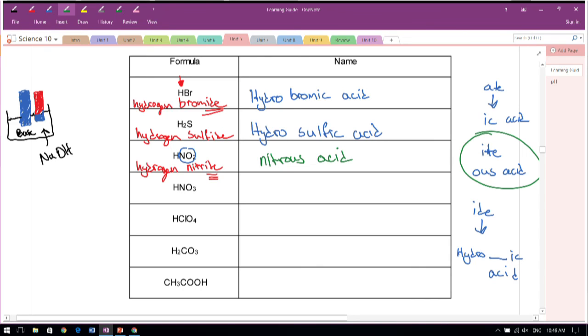And what's important to note here is that we don't start with the hydro. We only start with the hydro if it's just a metal and a non-metal. But because we have a polyatomic here, we have nitrous acid. This next one's similar. It would normally be called hydrogen nitrate.